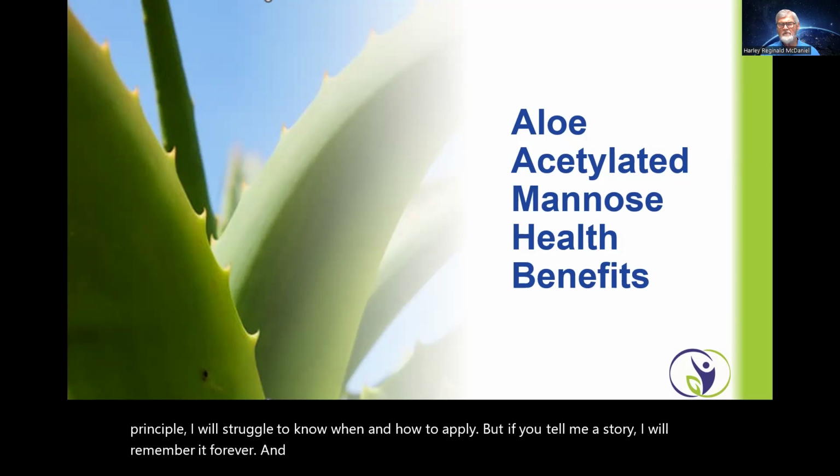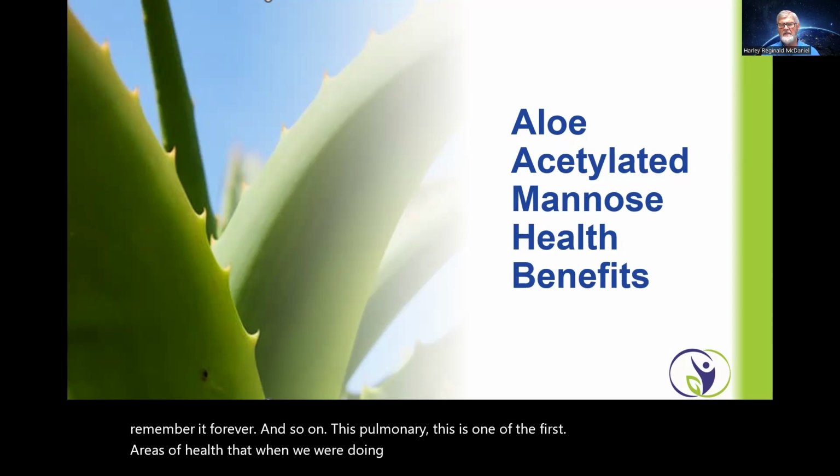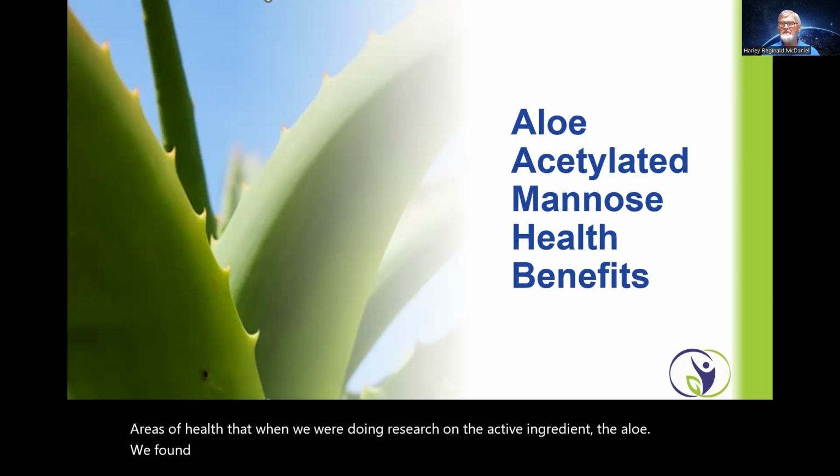And so on this pulmonary, this is one of the first areas of health that when we were doing research on the active ingredient, the aloe, we found out that it was a benefit in pulmonary conditions.